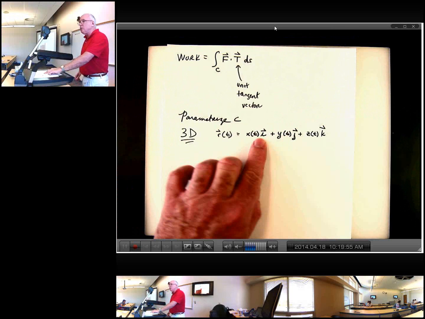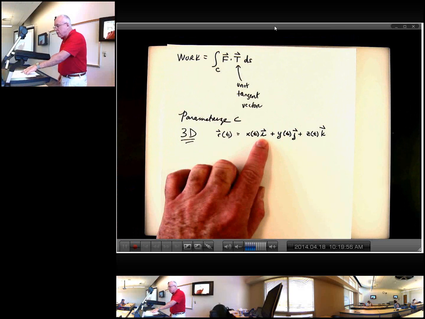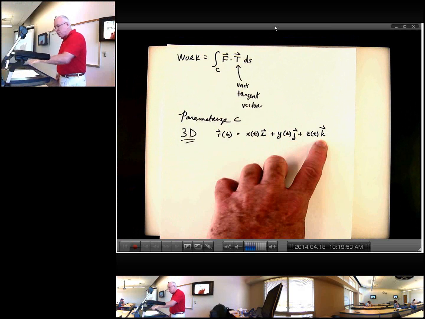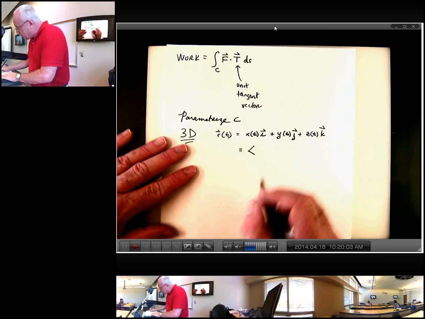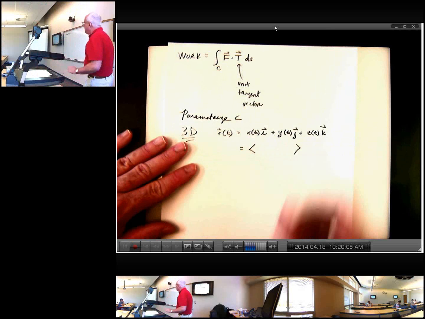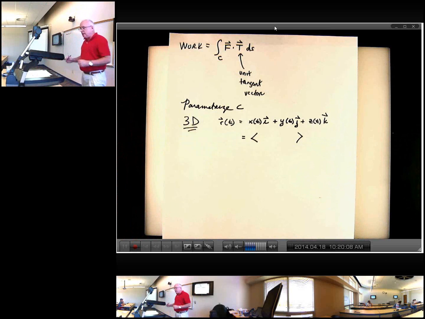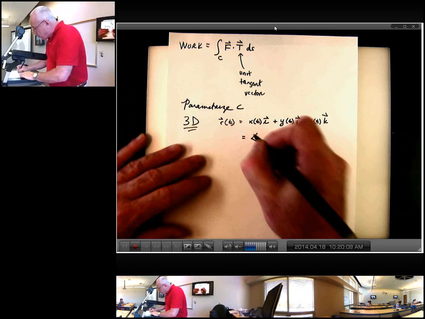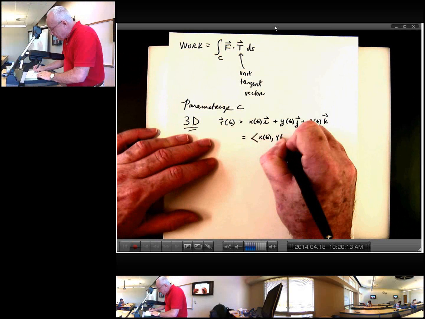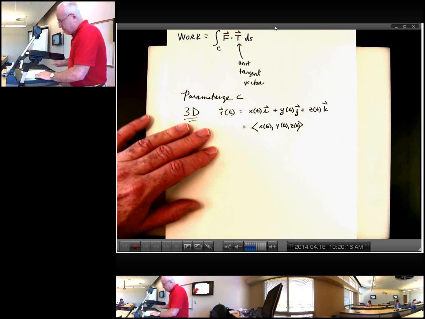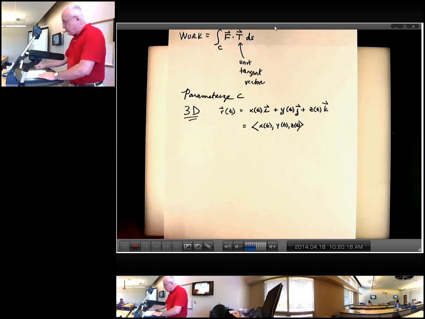Remember, these are the unit vectors in the x direction, the y direction, and the z direction. Another way of writing this is to use bracket notation, and this curve is represented by x of t, y of t, and z of t, where t goes from a to b.